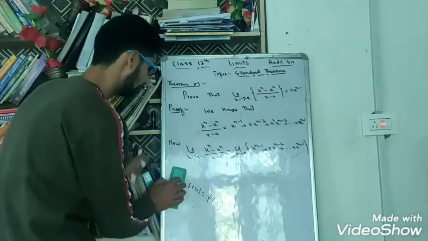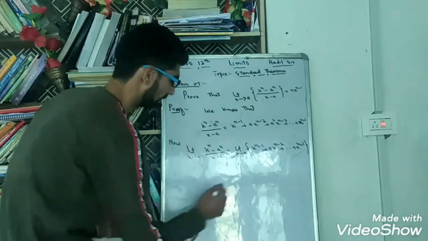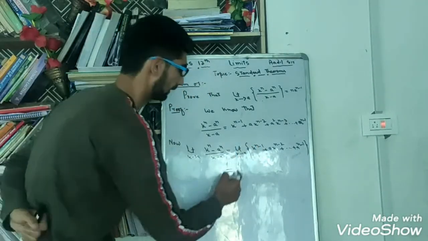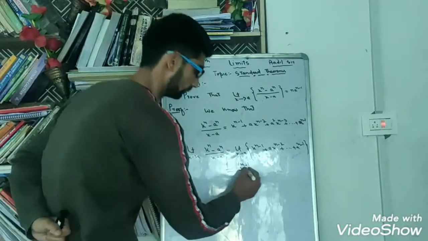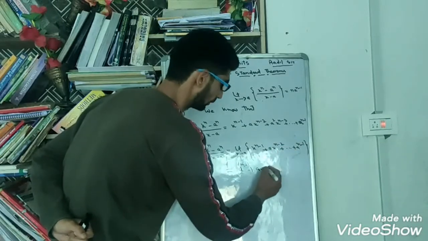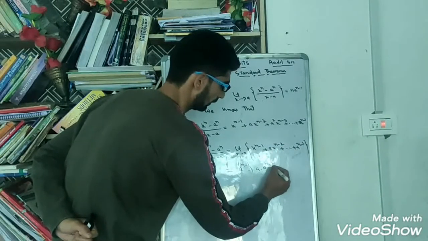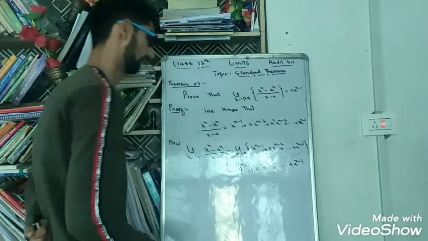So I can give the value of x as a here directly. So I will get a^(n-1) plus a into a^(n-2), that is a raised to the power n-1, plus and so on, plus a^(n-1).